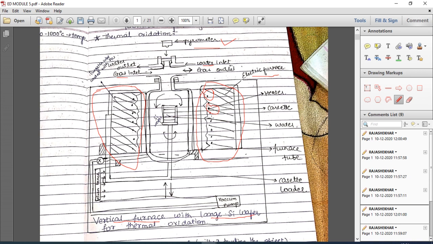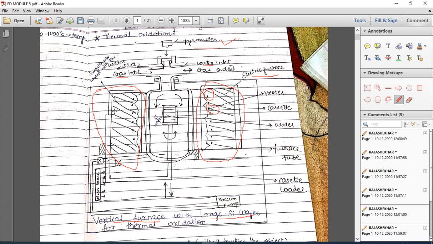establish a temperature which is required for the furnace, and for this oxidation, as I told you, we need 800 to 1000 degrees Celsius temperature. To establish that desired temperature, we need the electric furnace and the heater. This electric furnace is made up of tungsten wire.